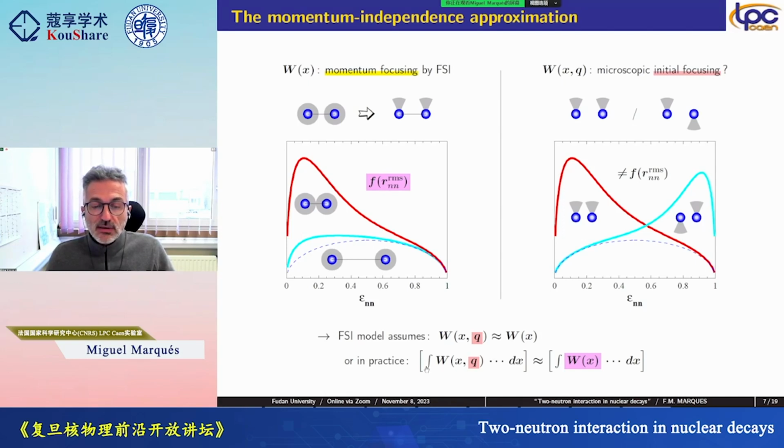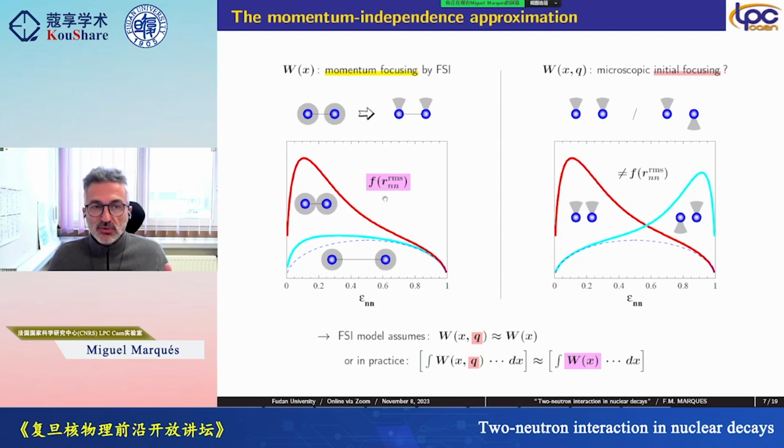So what this model assumes is that the integration of the source, of the initial correlations in the source, is negligible. The effect is negligible. So you could neglect them and have only the geometry of the source. And this geometry, you will link it with this relative distance.